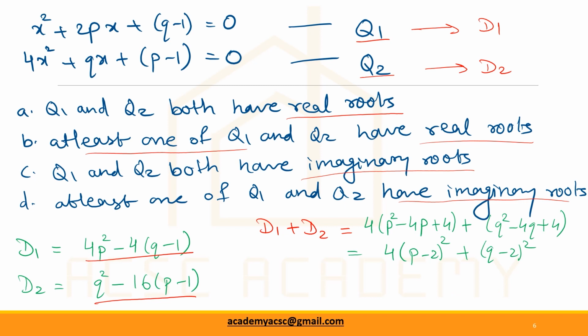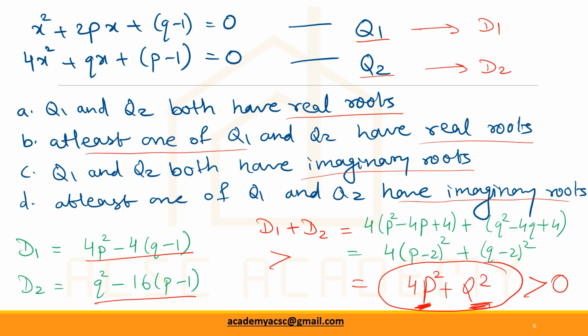And now we can simply write that as 4 capital P squared plus 4 capital Q squared. So now looking at this, can you comment about its nature? This is a whole square, so it will definitely be positive. This is also a whole square, so it will be positive. So their sum will also be positive, which means you can comment that d1 plus d2 is greater than 0.